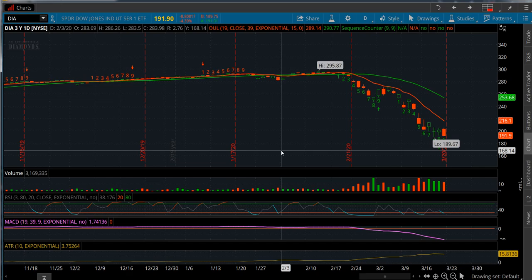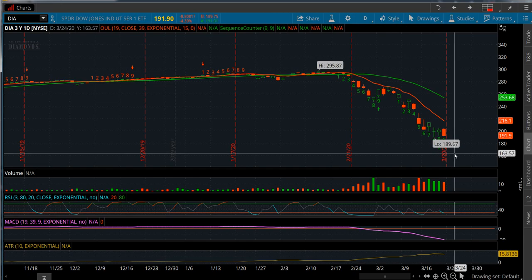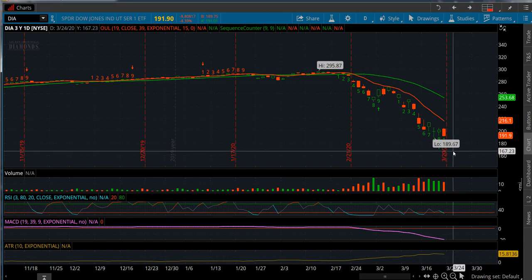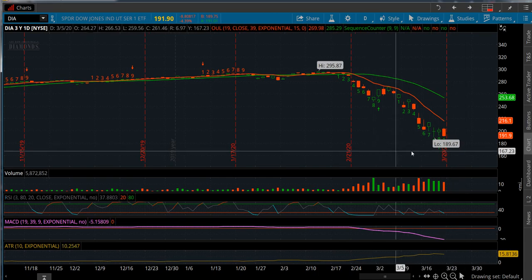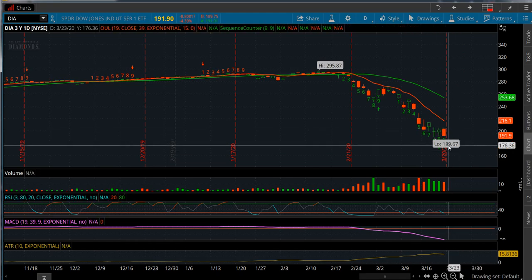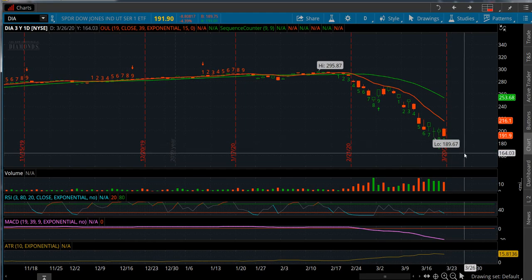Figure out where you want your stop. In this case, it was 25 and some dollars, the maximum you are willing to lose in this trade if the trade goes against you. And just so you know, you don't have to wait for that stop to get hit.